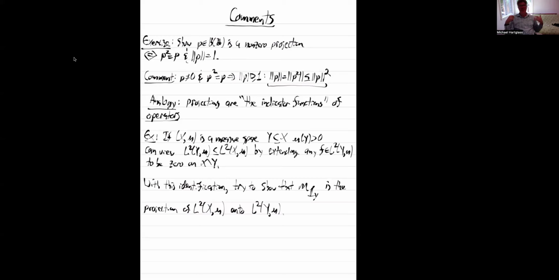Let me just end this with one more bit of terminology about projections, which you will see later. We say that projections P and Q are orthogonal if PQ is zero.